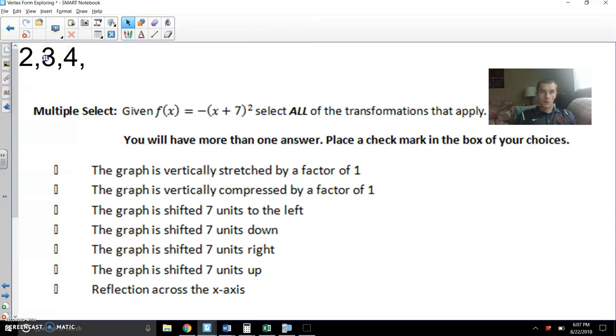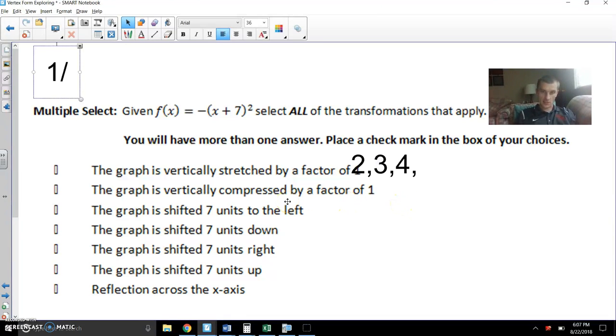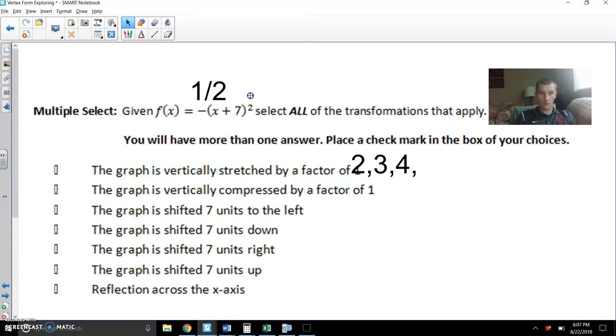That's technically what we would define something as a stretch, not 1. And compressed means it's a fraction. So like maybe 1/2. If that 1/2 was in the front, if you had a value less than 1, or maybe 2/3, that would be considered a compression. We haven't seen too many examples of that, but basically that makes it a lot wider instead of more vertical or stretched more up and down.